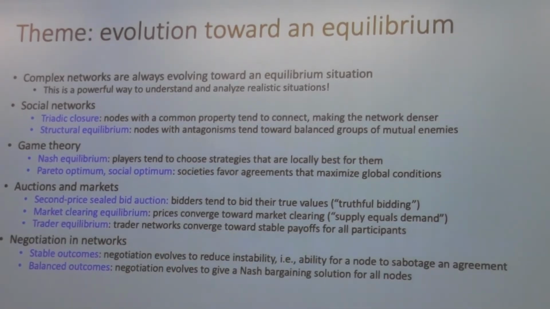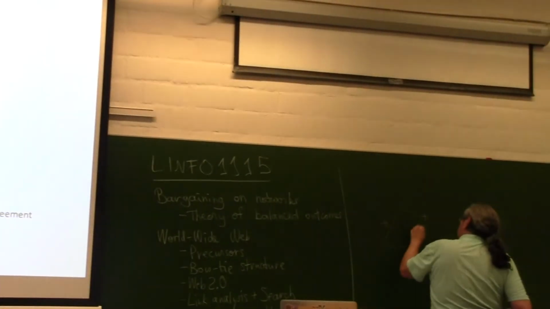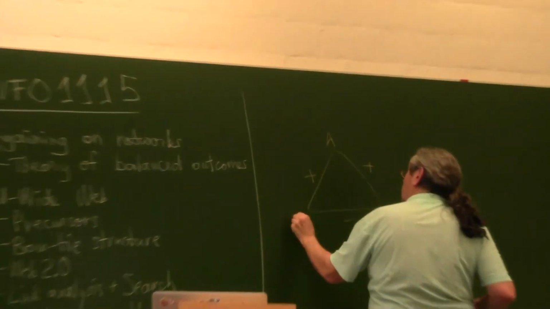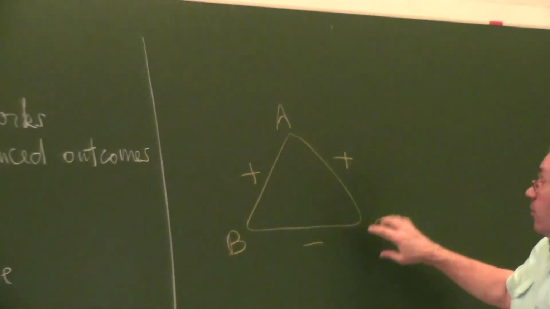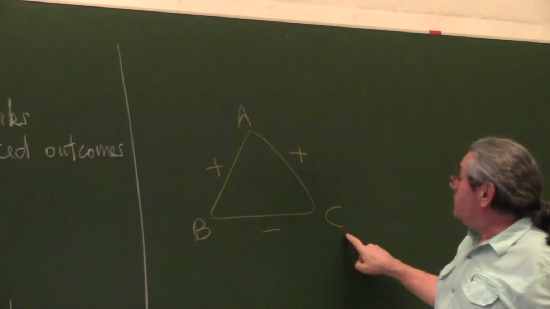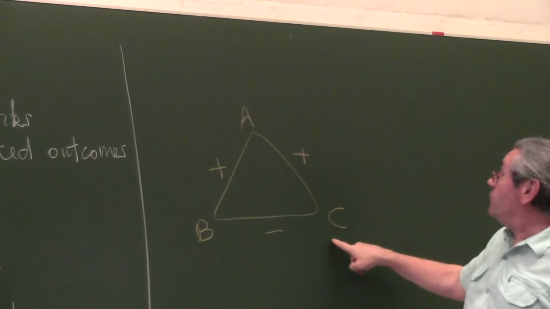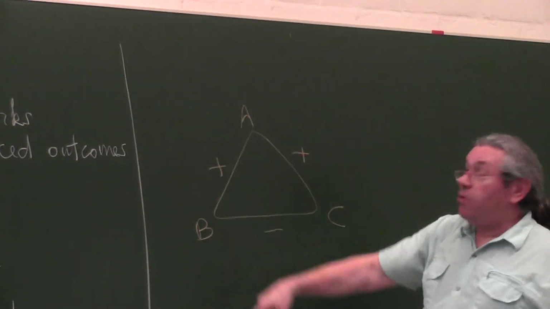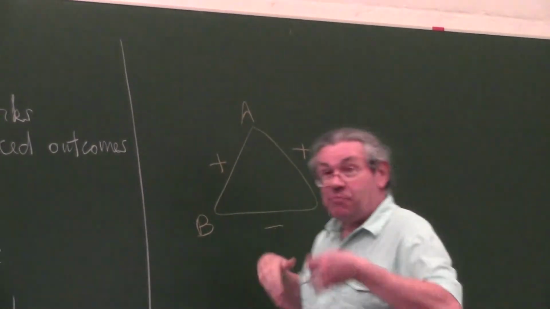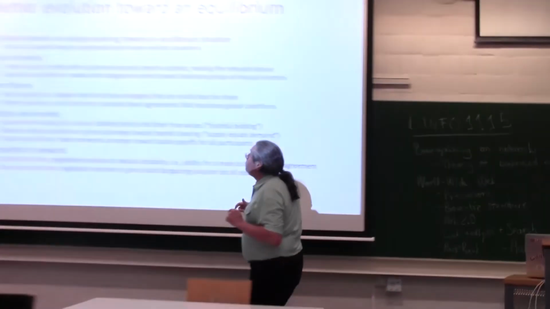Remember, the plus-minus triangle will tend to disappear. If A has two friends and they are mutual enemies, that's not a stable situation. Either these two become friends, or A and B will become enemies, or something will happen. So this system will converge again.